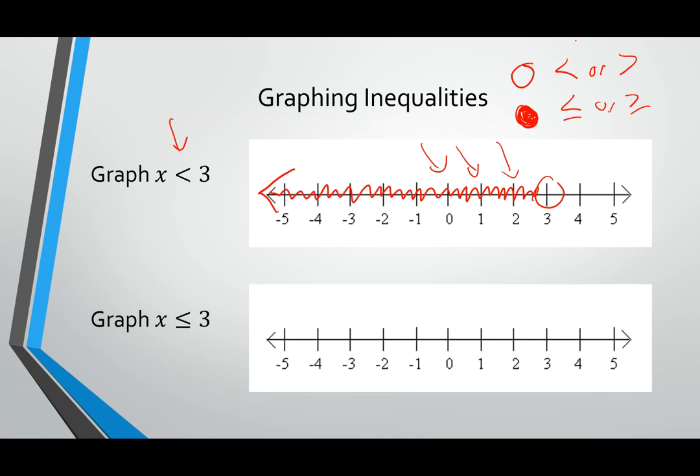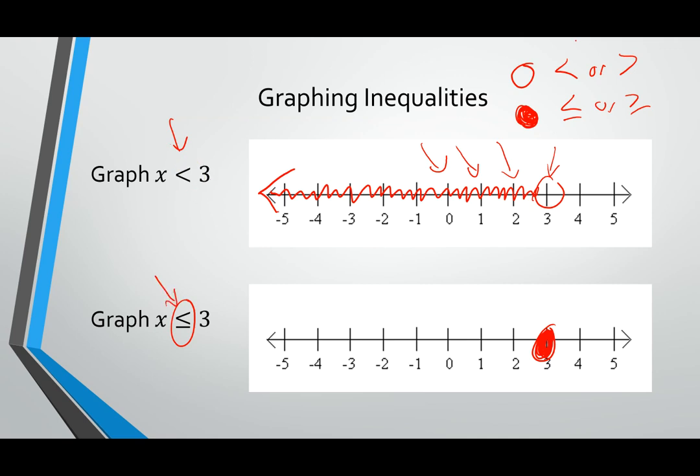So now let's graph x ≤ 3. I mentioned this before. We're going to have a circle on 3, but because it's less than or equal to, we can actually equal that value. We're going to shade in that value. So remember, when you shade something in, it means you're including it. We didn't shade in 3 before because we didn't include 3. We were just less than.